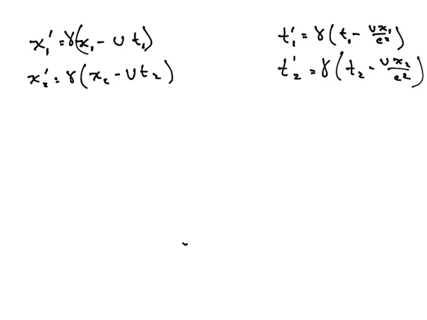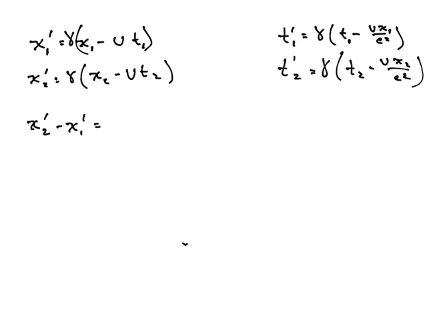And now the question is, if I were to take the difference in the coordinates of these two events, what happens? That is to say, the coordinates obey the Lorentz transformations, and this is how you transform them, but do the differences in coordinates also transform? So let's say x2 prime minus x1 prime.